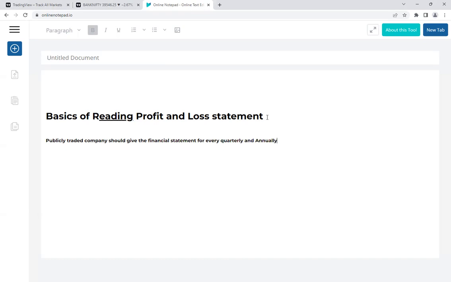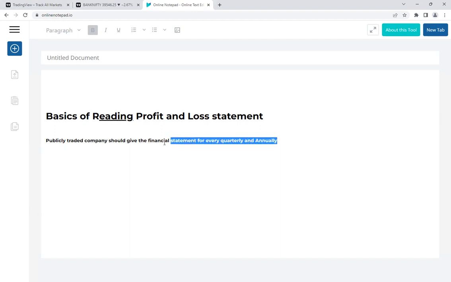Any company which is being traded in the stock exchanges should provide these financial statements for every 3 months and for every year, because for the investors who are investing in the company, or the promoters, or the traders who are involved in the stock market, who are trying to buy or sell the shares of any company.